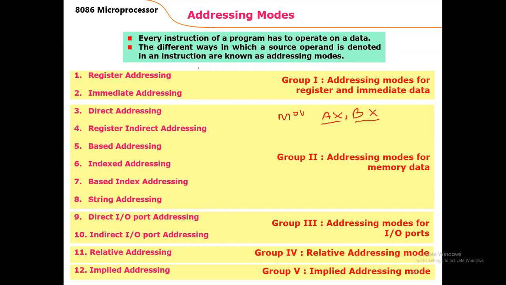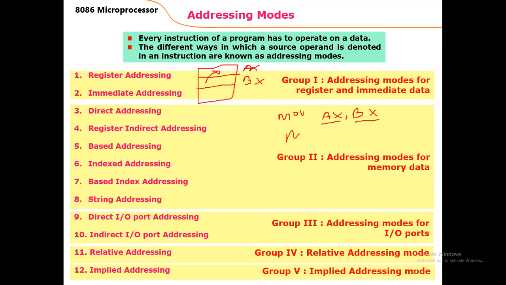You do not need to know what data is in these registers. This is the AX register and this is the BX register. So the BX register data is transferred to the AX register. Okay, so this is called register addressing mode. Clear? Register to register transfer.